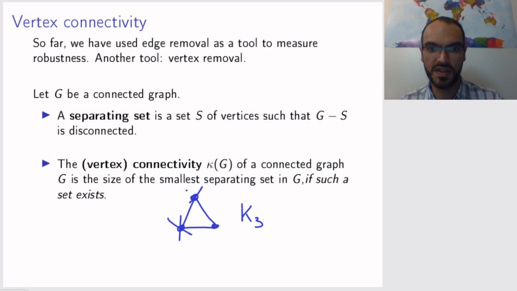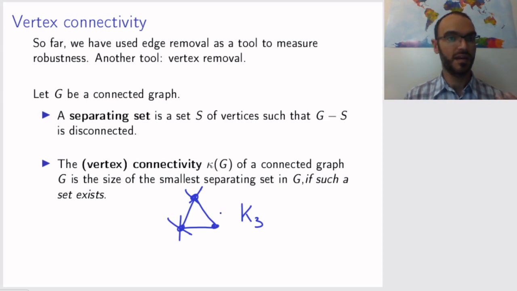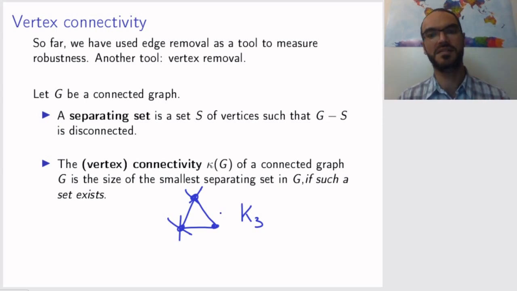And if I also remove this vertex, what I'm left with is this vertex. But the point is, whatever I remove, I am getting a connected graph left. So there is no vertices that I can remove to make the graph disconnected. While for edges, I could always remove edges to make the graph disconnected. But for vertices, it's different.